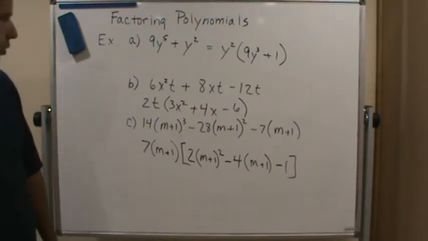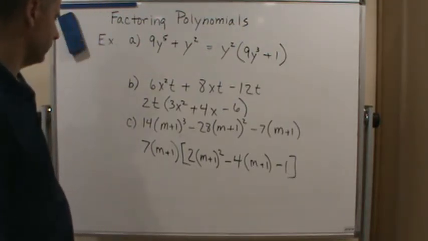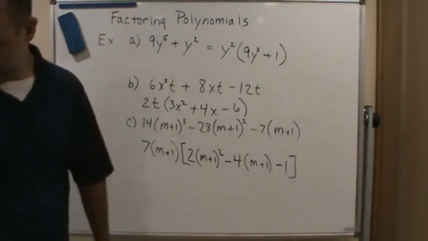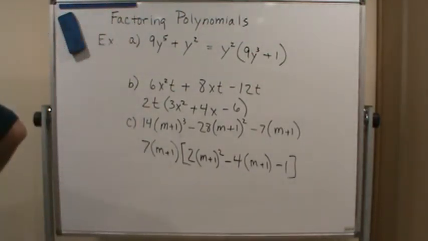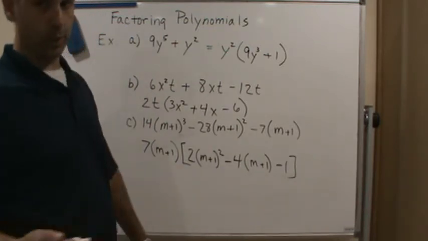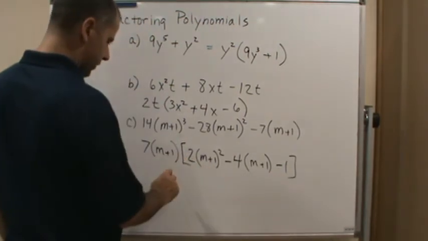The other two are done, but this one we can simplify further. Okay, so let's see what happens. Well, this is a perfect square, right?